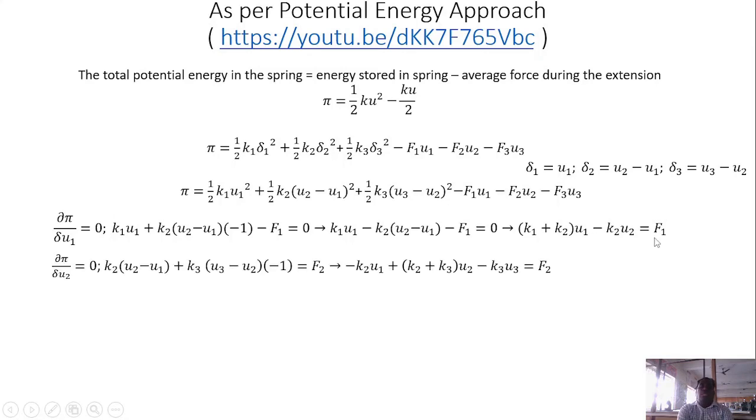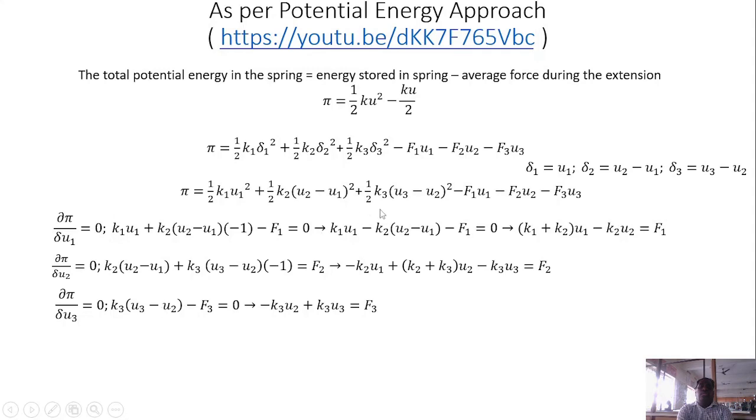The same thing I can perform with the first equation differentiated with the U2 term. Here also I can get the equation as minus K2 U1 plus K2 plus K3 into U2 minus K3 U3 is equal to F2. The same equation is differentiated with the U3 also. So where the U3 term is available, only the third term has it.